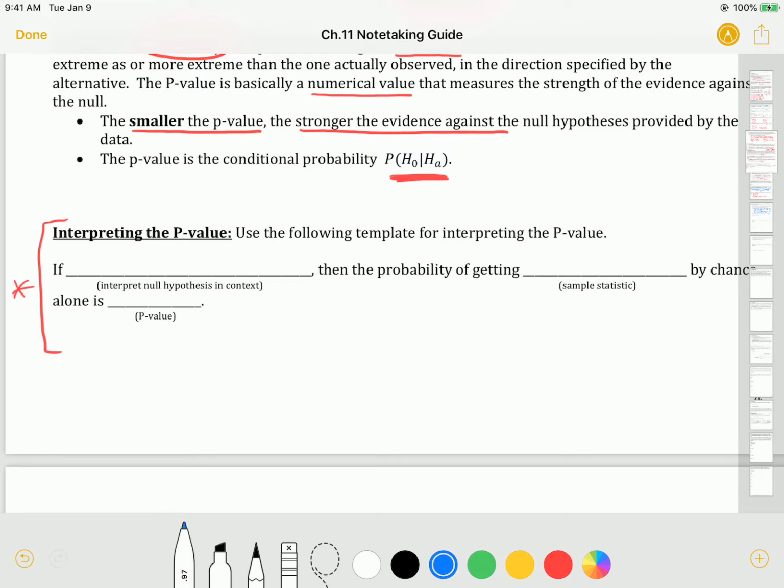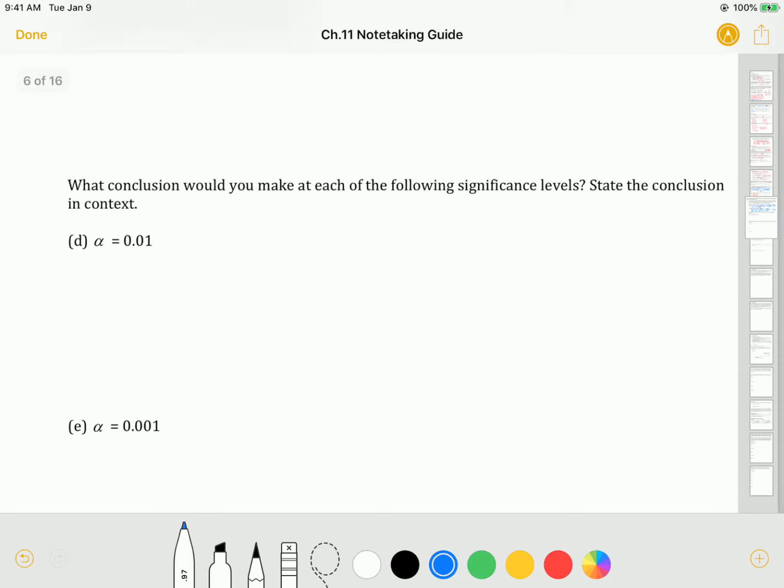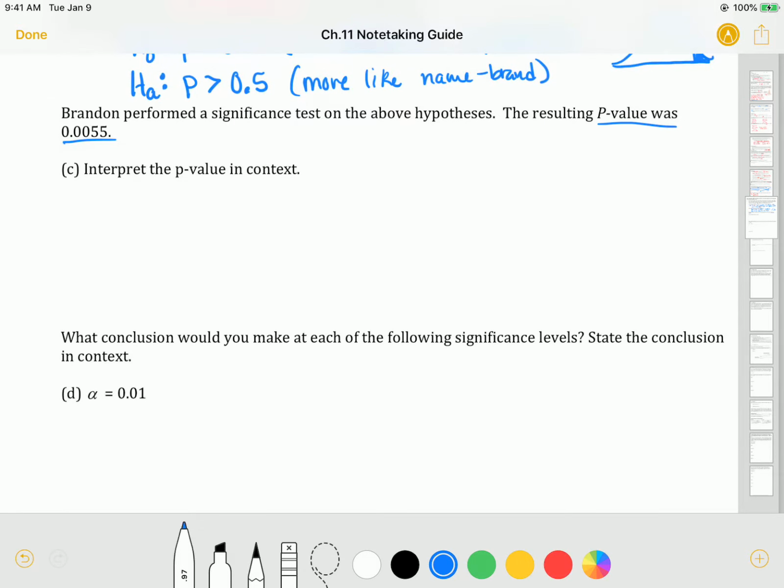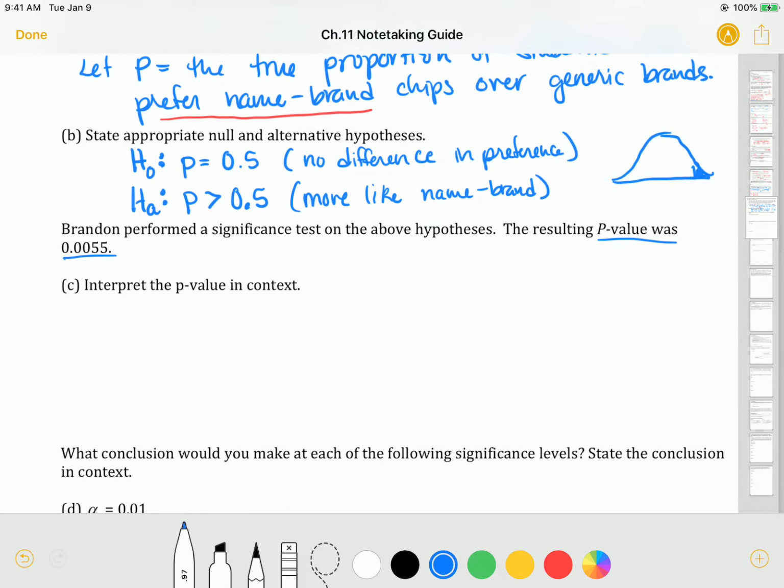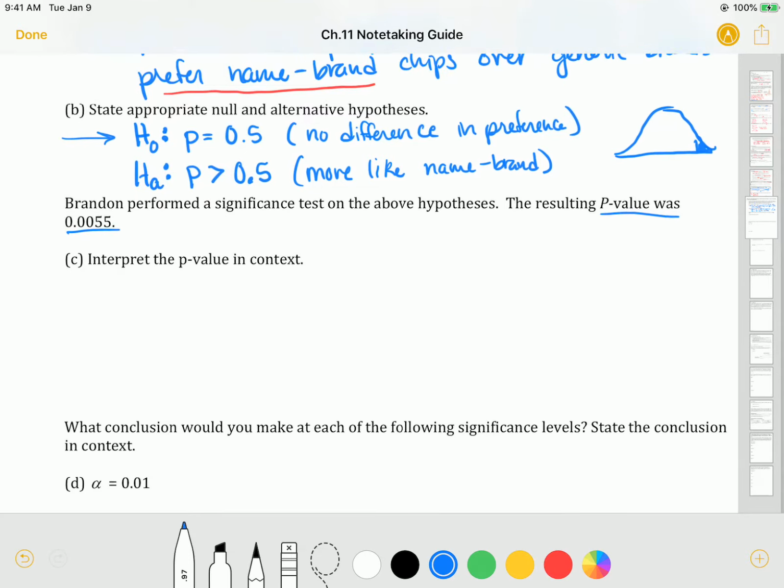So we're going to sum up a statement similar to that. Okay, so what we'll say here is, what is our null? Our null here is that there's no difference in chip preference.